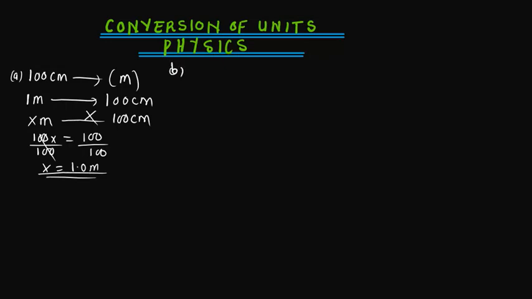The same method can be applied. How about if, for example, I've been given 50 centimeters? We now convert it into meters. How then do we go about this? We use the same conversion factor. 1.0 meters is equivalent to 100 centimeters. Therefore, x meters is going to equal 50 centimeters.